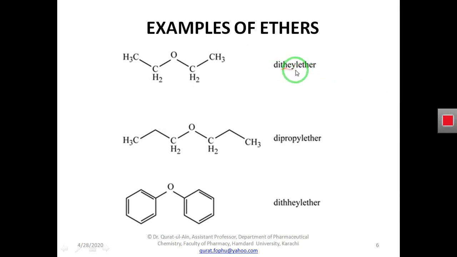So diethyl ether, dipropyl ether, and diphenyl ether are a few examples of ethers. In case of diethyl ether, you can see that a single oxygen atom is attaching to two alkyl groups, and these alkyl groups are ethyl groups.